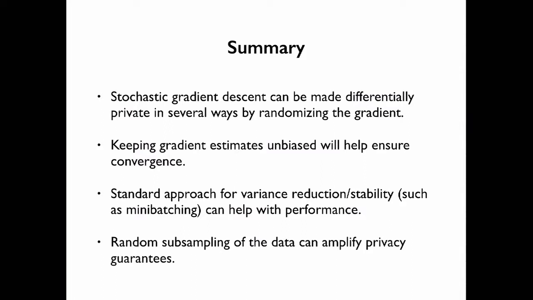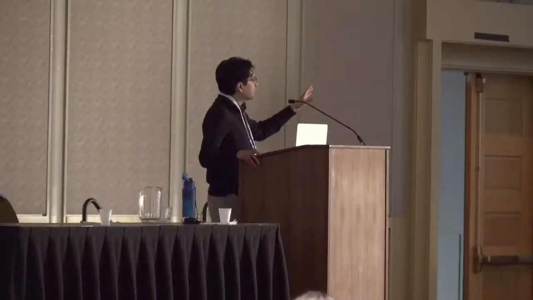And in particular, this is one of the tricks, this random subsampling of the data. I think this works for general gradient descent procedures, not just empirical risk minimization. So this is the key driver behind understanding how to do larger scale applications, which we'll talk about later when we talk about differentially private deep learning.